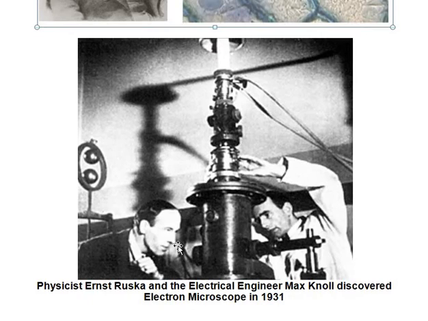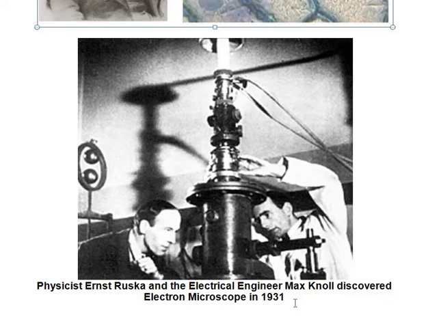Then Ruska and Knoll. These were the two scientists who discovered the electron microscope in 1931, after which more study of the cell was done, and cell biology emerged, and more detail of the cell organelles was studied during this period.